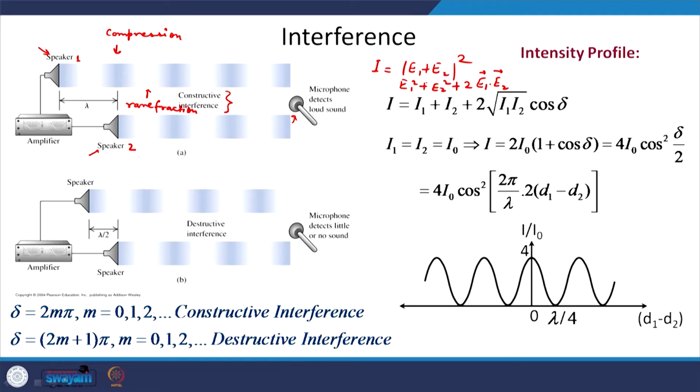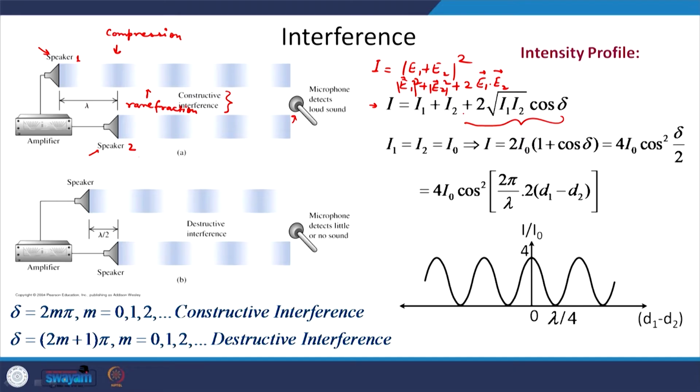So, these are all actually fields. If you write it in terms of intensities, you get I is equal to I1 plus I2 plus this extra term. So, the resultant intensity is not just equal to the intensities of these two waves, but also this extra term which is the interference term.